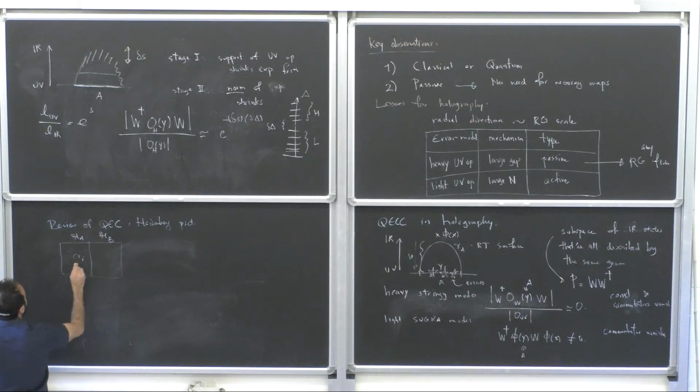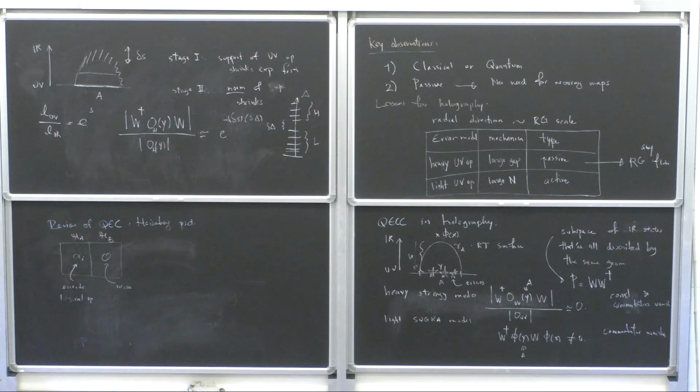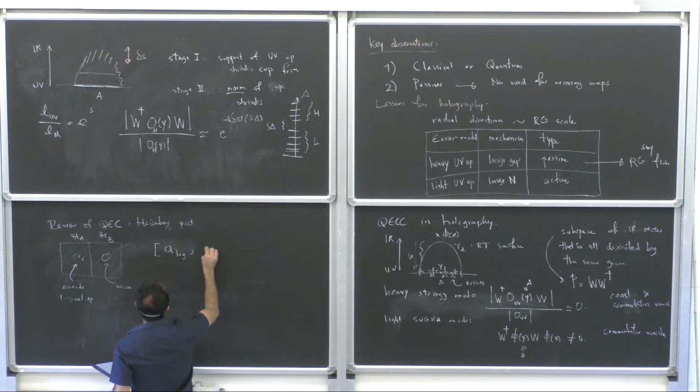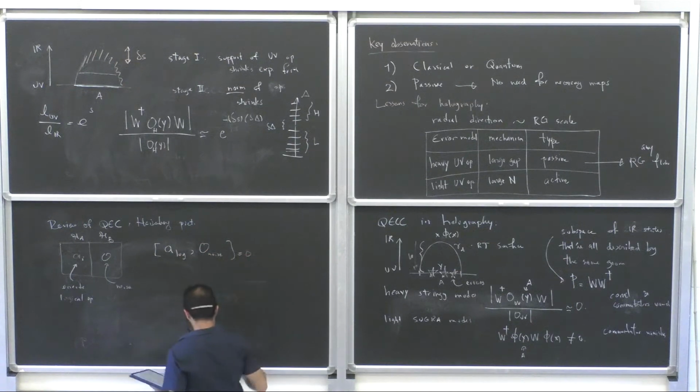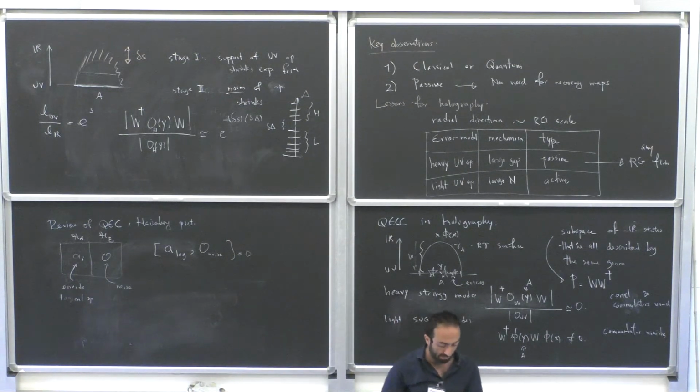You encode your logical operators in H_A, and noise acts on H_B. Because these are two different Hilbert spaces, the logical operators and the noise commute. This is the essence of quantum error correction in the Heisenberg picture, as simple as this.